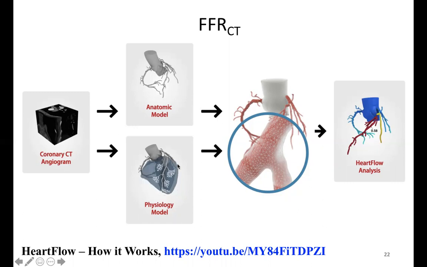And then you look at the amount of myocardium as an indication of how much blood flow is required to go through a vessel. And then, on a computer model, you dilate these vessels and calculate the maximum flow. And you push that flow through the vessel, and you use computational fluid dynamics to do that. And you measure the velocities and the pressure drops at each point along the vessel.